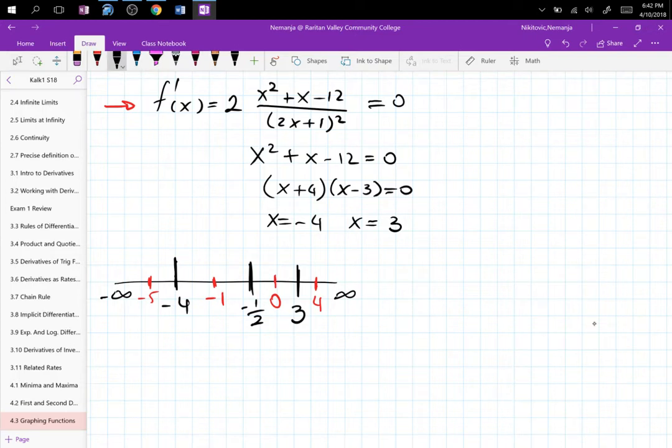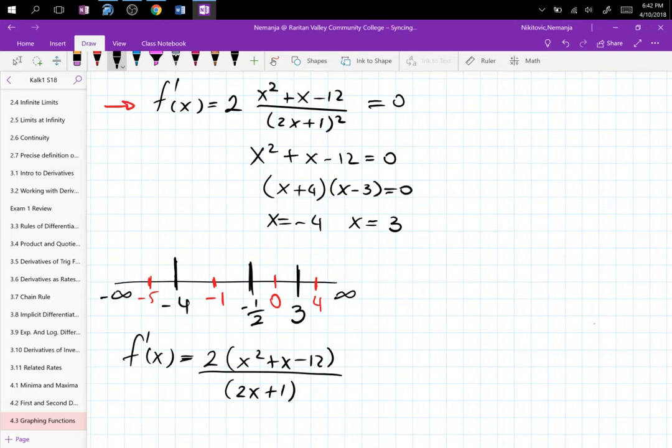I'm going to use my analysis. Now look at my first derivative: it's 2 times x squared plus x minus 12 divided by 2x plus 1 squared. Would you agree that this is already positive 2, times, I don't know, divided by a positive because it's squared?